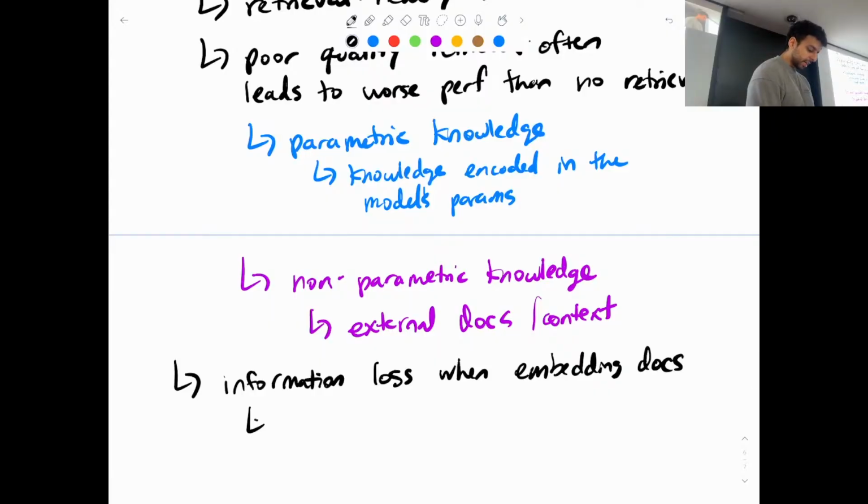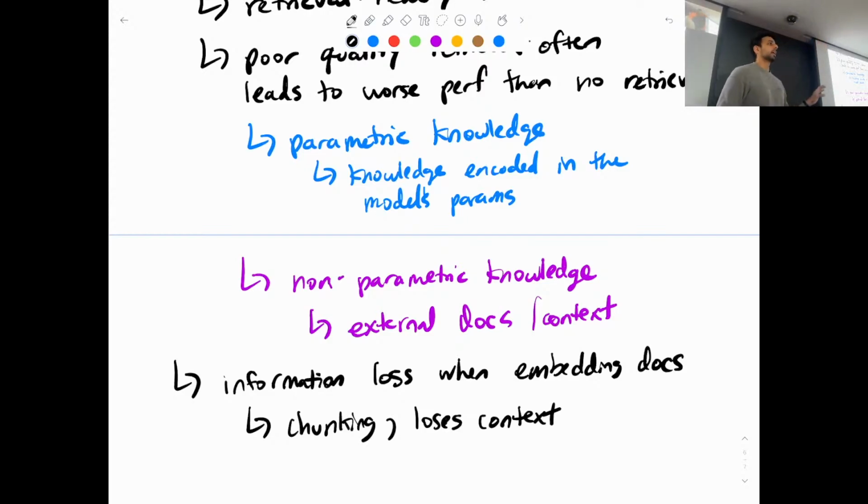This is generally handled by chunking. If you have a very long document, you can chunk it into multiple smaller pieces and embed each piece. But chunking loses context, right? If I embed one chunk independently of all of the other chunks, I may not know what is actually happening in that chunk taken completely out of context.